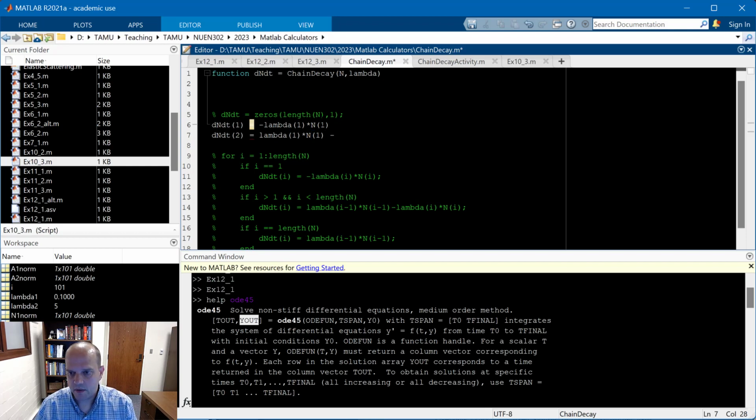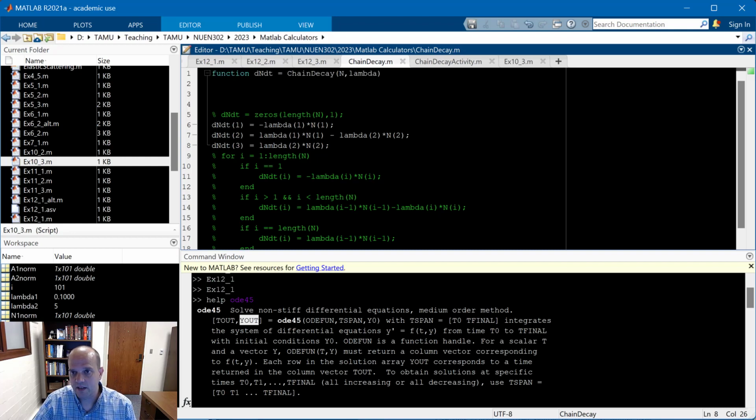And then I had a sink, which was lambda 2 times n2. And then for my final differential equation, I just had a source, so lambda 2 times n2. And that's really all I need for this function.